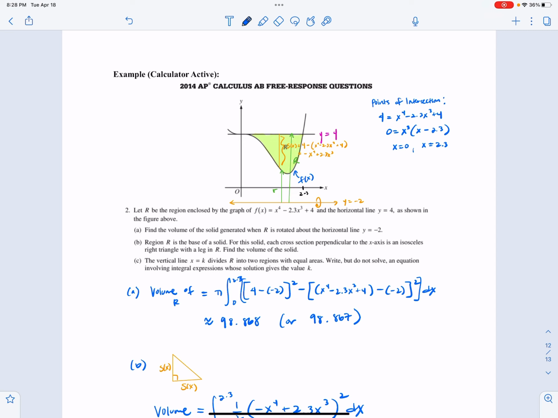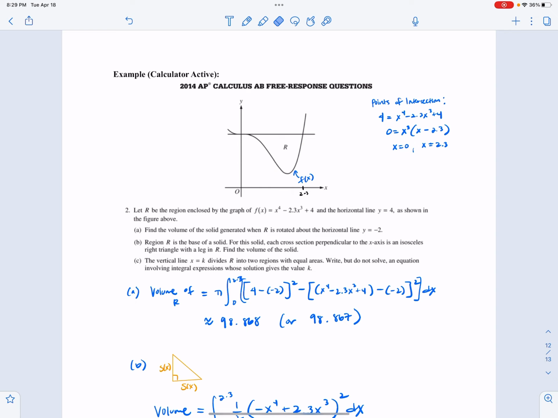Okay, so you're trying to determine, I'm going to erase this other stuff just so we could focus on the picture.